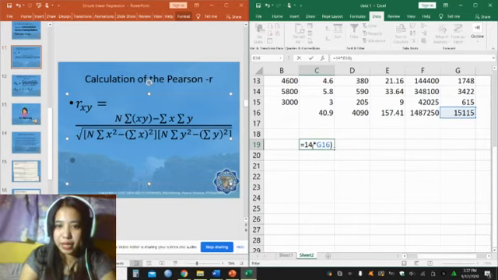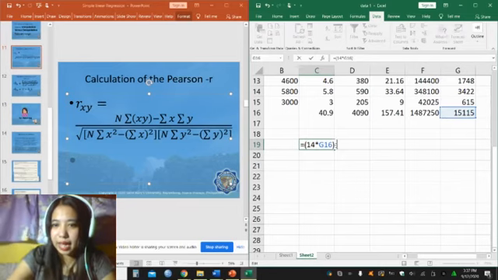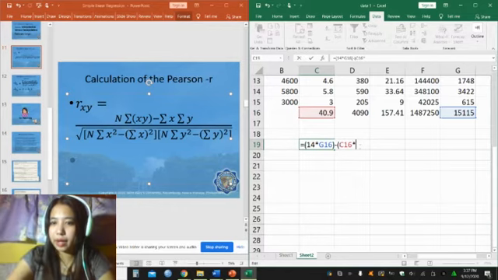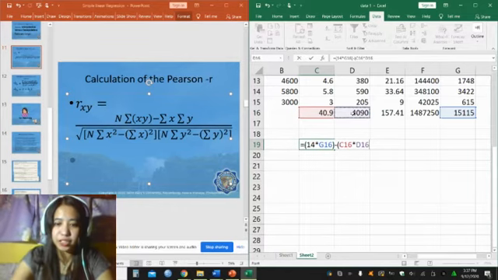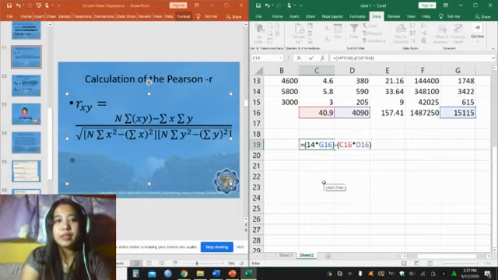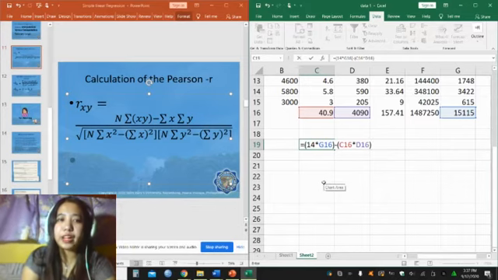So I just place open and close parentheses, less the summation of X multiplied by the summation of Y. So again, we just select the values here.